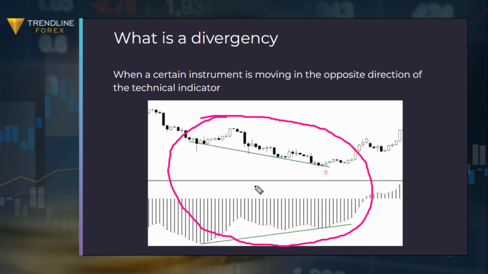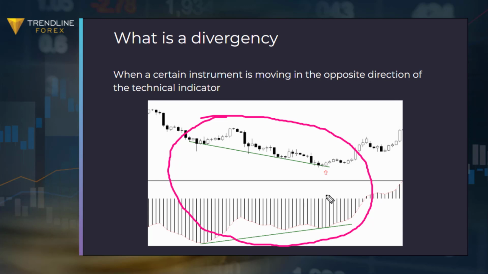So this will give us a signal that a potential reversal might be on the way, and you can also use that if, let's say, you've had a short position here and you're still holding your sell trades. Well, if you see that divergency is actually appearing on the chart, that means you can now close your positions and expect that a reversal will happen.